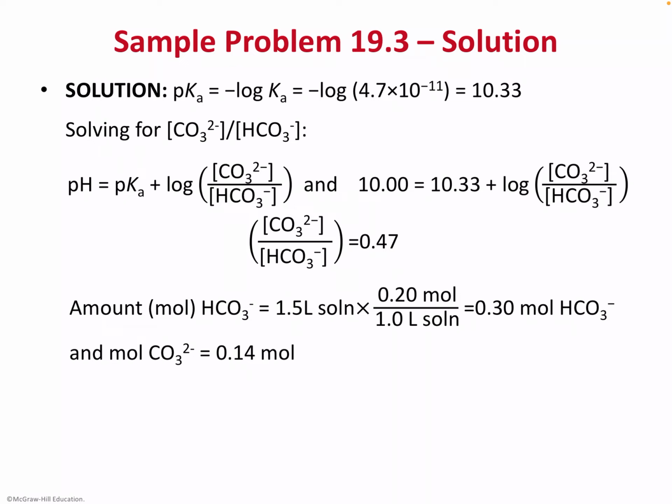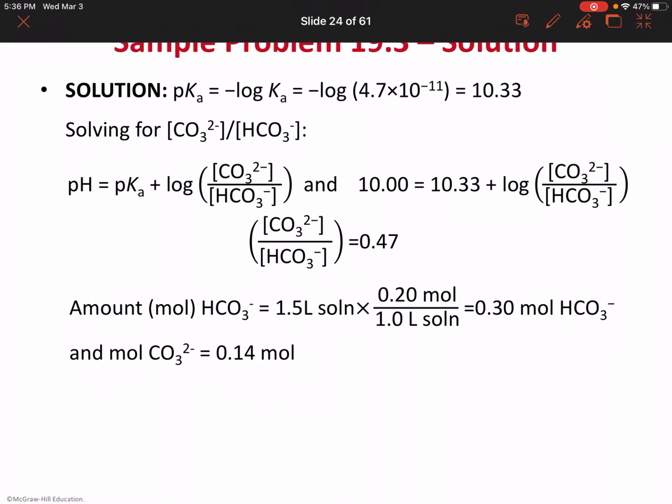Okay. So basically, 10 minus 10.33 equals the log of this part. So 10 minus 10.33 is negative 0.33, right? And then you take the inverse log of this. That is this part right here.